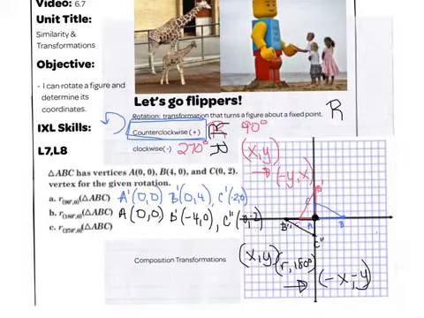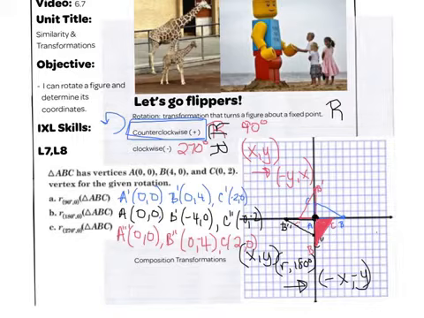Okay, the last rotation is a 270-degree rotation, where A again is in the same spot, didn't move. B, however, goes from its original location here at 4, 0 all the way over here to 0, negative 4. And C has gone from its original location here at 0, 2 down to 2, 0.